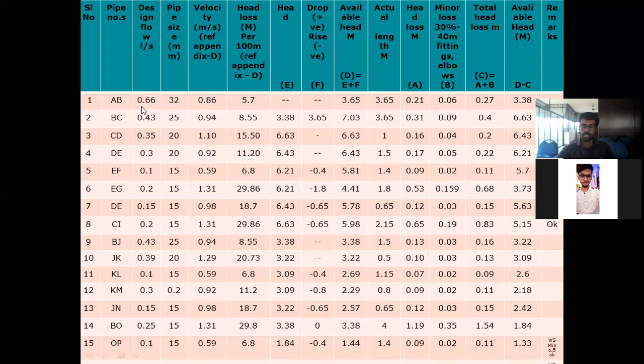We have already found out this discharge, and from the discharge we found out the diameter of the pipe. So these are the pipe diameters which have already been solved by the loading unit method. You can copy from there, or if you have written them, or you can directly write this.